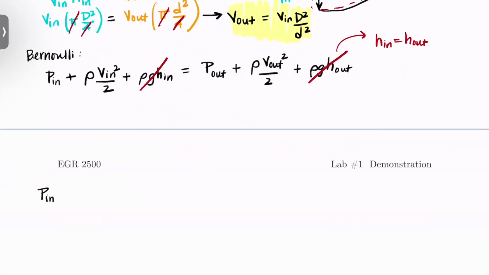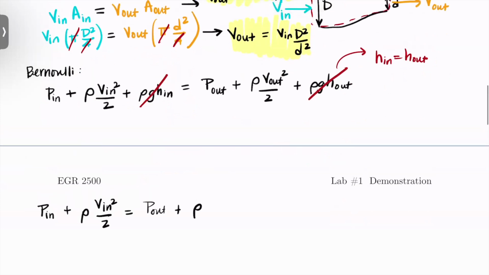So I have P in plus rho V in squared over 2 is equal to P out plus rho over 2, and then our V out is V in times A in divided by A out, and that whole thing is squared. Okay, so we want to find an expression for the volume flow rate.